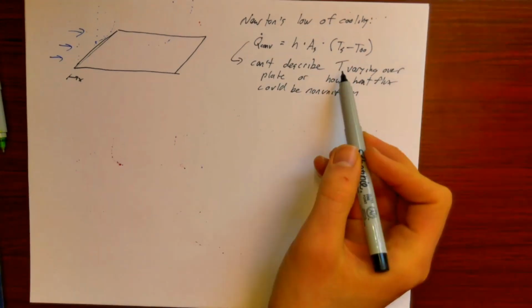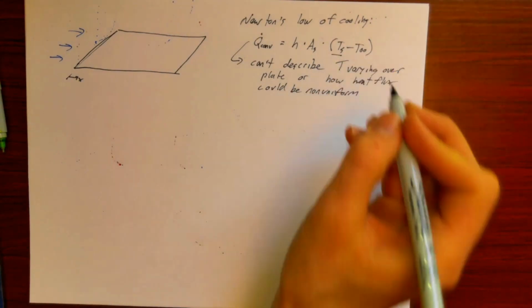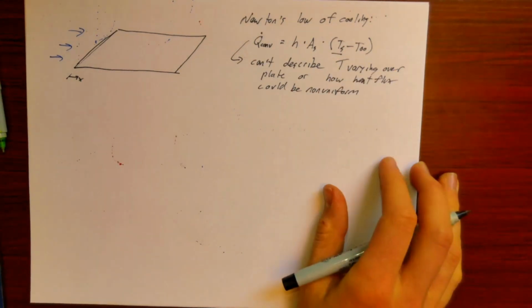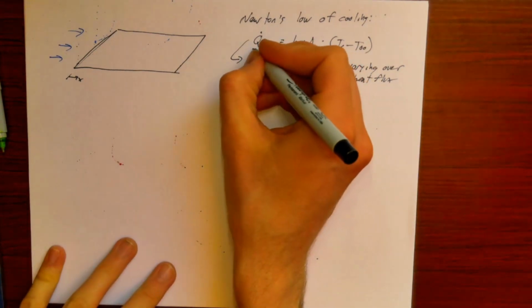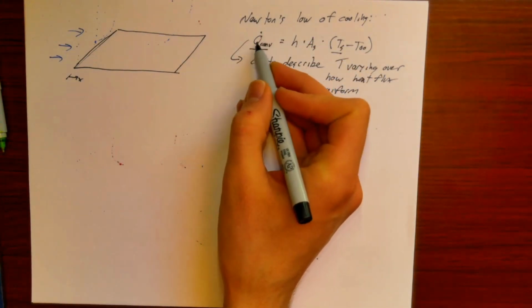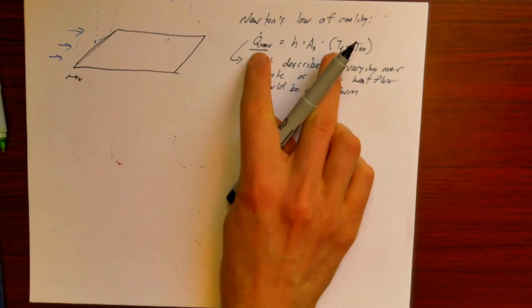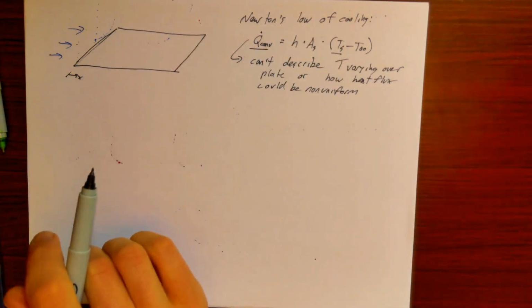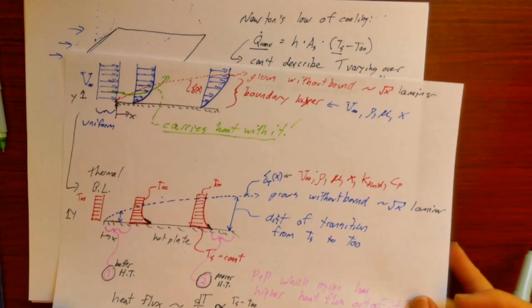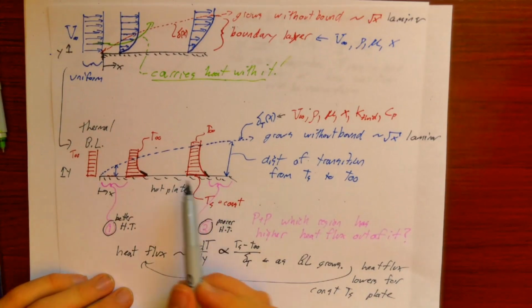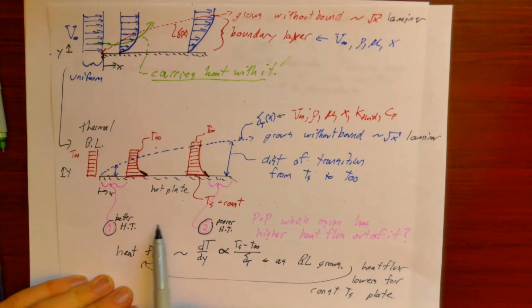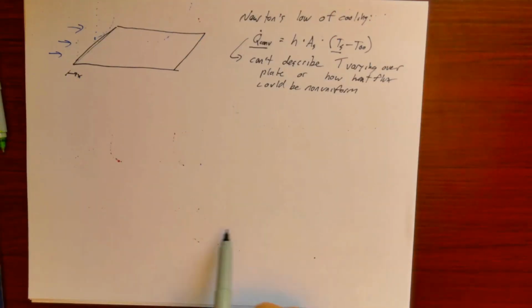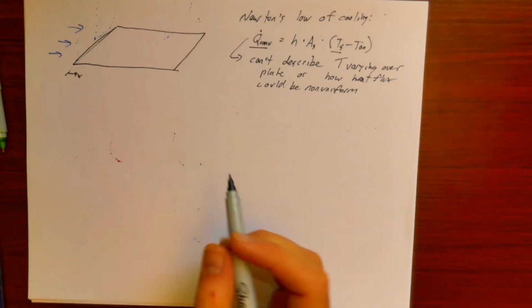This says there's one singular Ts that applies over the whole plate, and one singular heat flow out of the whole plate. This is kind of just lumping everything in aggregate. But a lot of times, for design of heat exchangers that use these flat plates, we might need to account for some of these variations. So we need a little bit more sophisticated analysis.